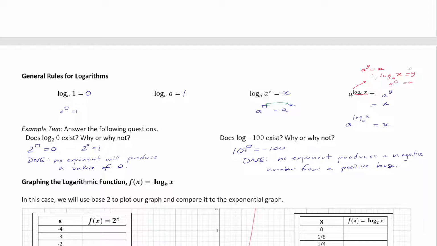Remember, if it was 10 to the negative 2, that's just 1 over 100, which is not negative 100, right? So there's no exponent that would produce a negative number, and there's no exponent that produces 0. So these don't exist.